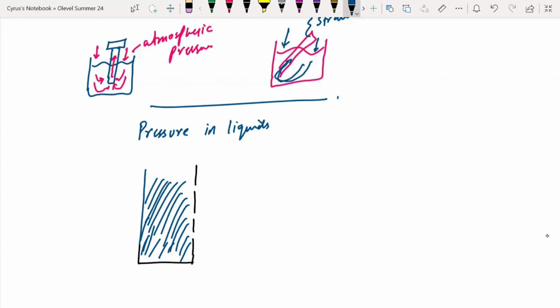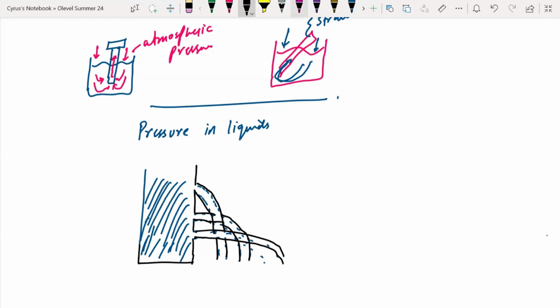You'll see that the pressure is something of this sort. The water will fall from here like this, the pressure will increase a bit here, and at the greatest depth the pressure will be the highest. So this shows the important characteristic that the pressure increases with the depth of the liquid column, right?